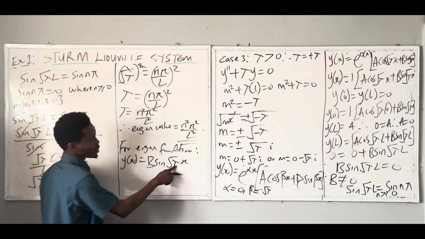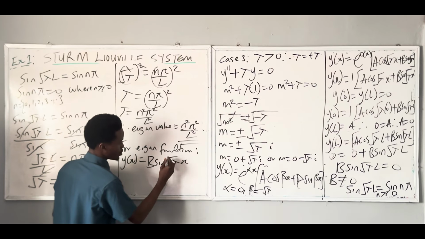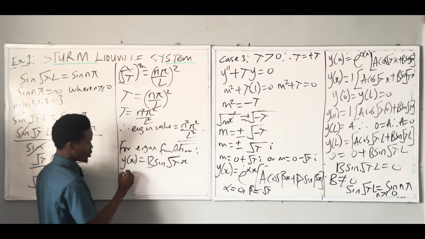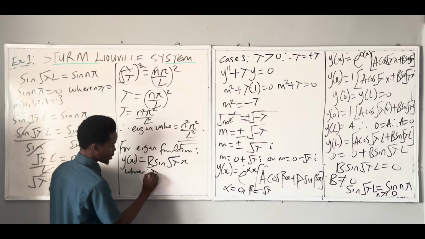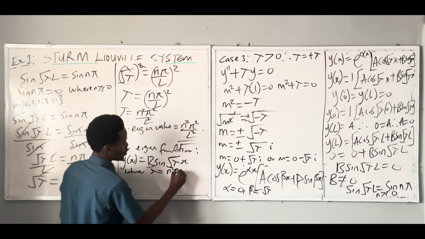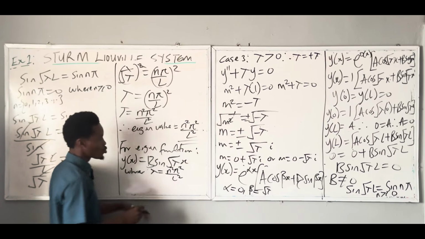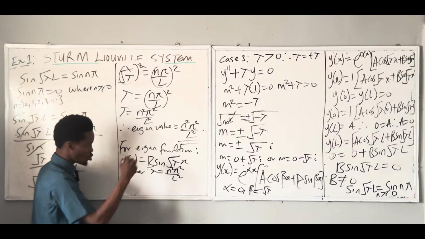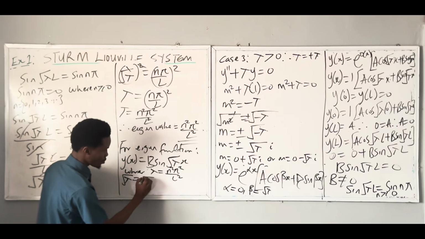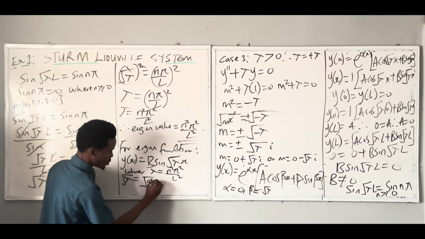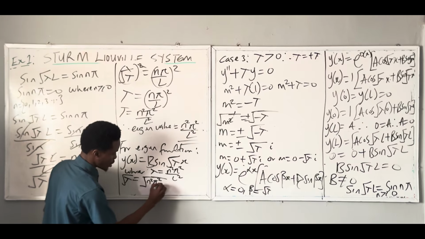So what do I have here? Where lambda is what? Our lambda is n squared pi squared over l squared. For me to get root lambda, I'll just take the square root of n squared pi squared all over l squared.